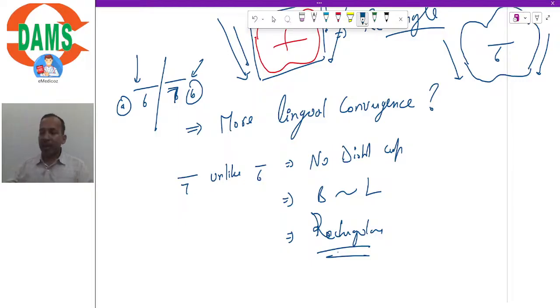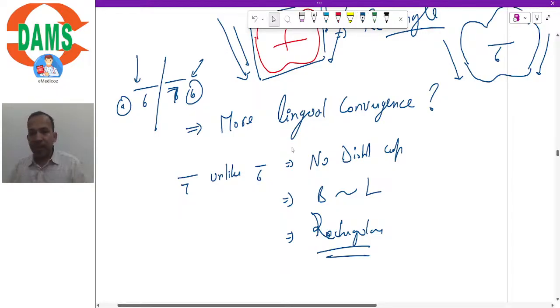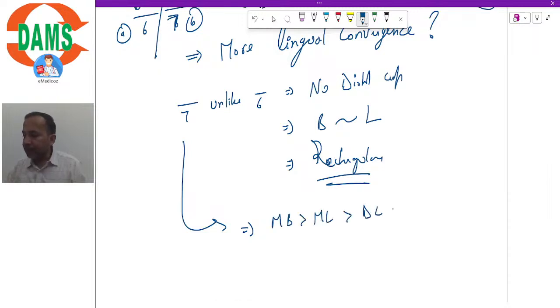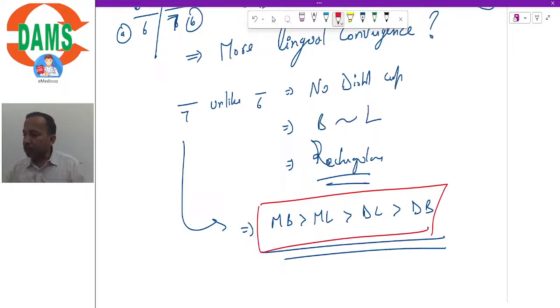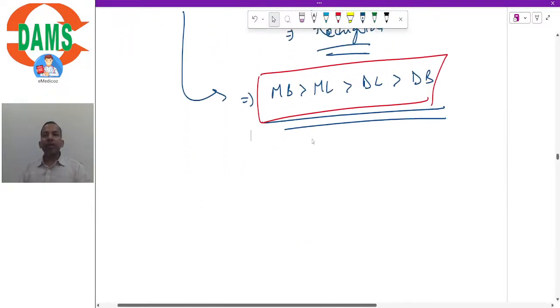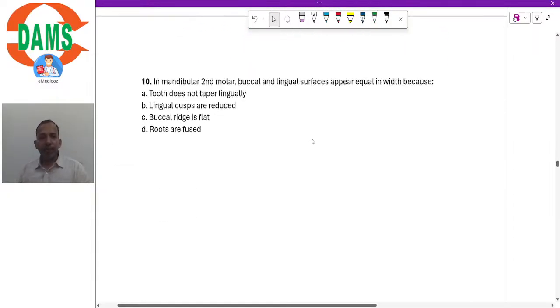And yet the cusp size, अगर हम बात करें 7 में cusp size की, तो in 7 the cusp size still follows the same pattern as in mandibular first molar. Mesiobuccal is the largest and distobuccal is the smallest. Clear? तो फर्स्ट, सेकेंड एंड थर्ड मोलर तीनों में यही पैटर्न फॉलो होगा.